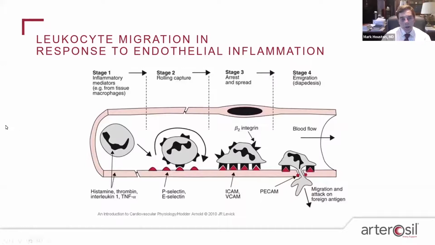And here's the leukocyte response that you'd normally see in endothelial dysfunction and endothelial inflammation with stage 1, the rolling, capture, the arrest and spread, and eventually the diapedesis into the subendothelial layer. And once this occurs, it's very hard to reverse, and you set off a whole array of subendothelial diseases that result in atherosclerosis.